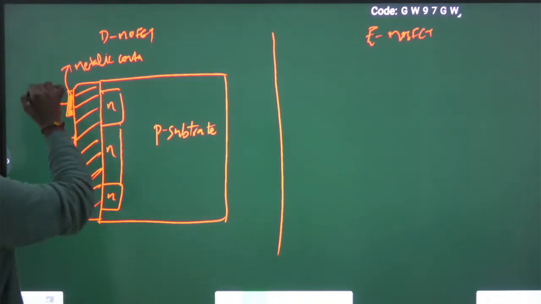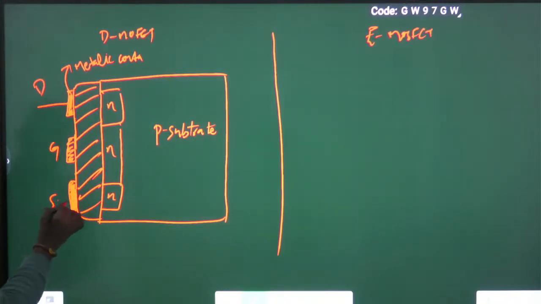This is the gate, this is the drain, and this is the source terminal.